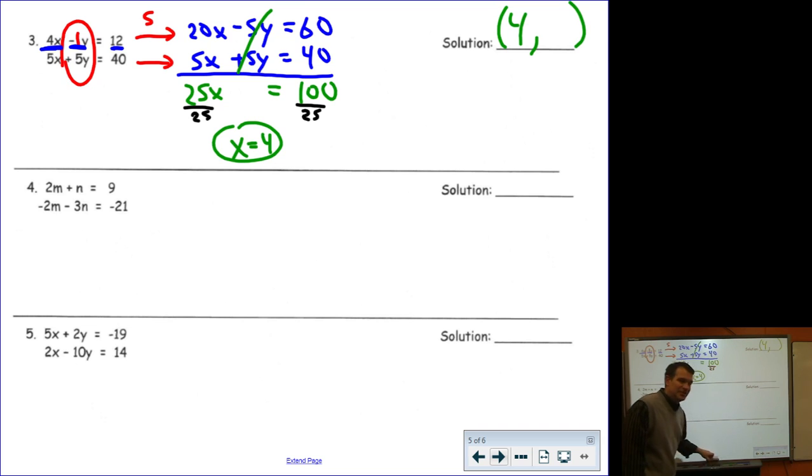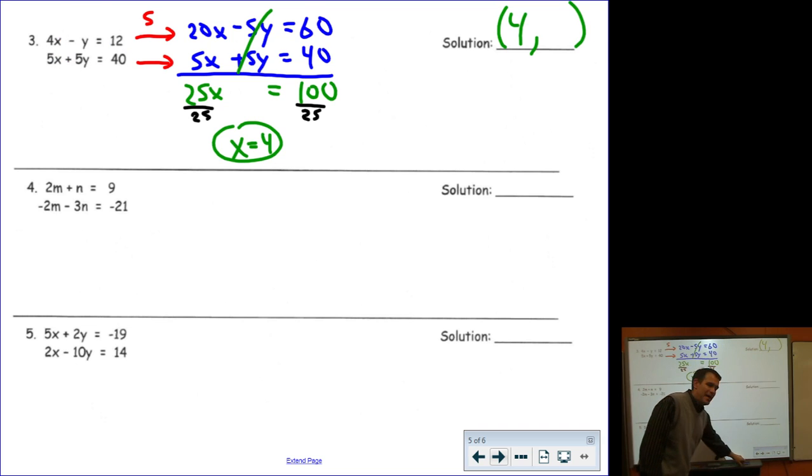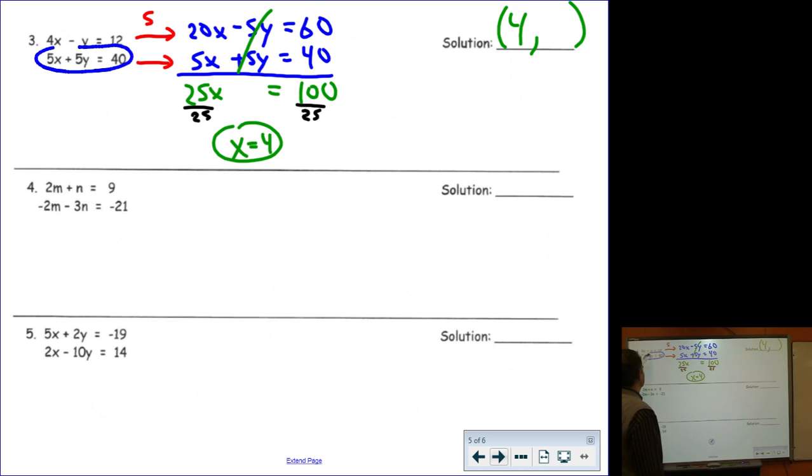I now need to take my solution and substitute it back into one of the equations. I guess I'm going to go ahead and use this equation just because I don't want to deal with the negative. So this would be, instead of 5 times x, it would be 5 times 4 plus 5y equals 40.